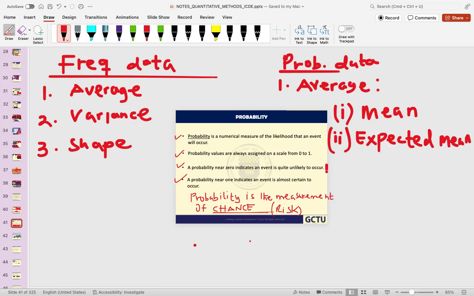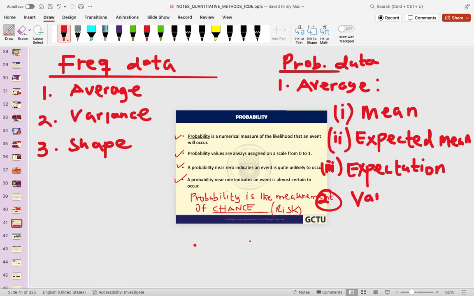And then the third terminology you are likely to find in books is called expectation. So these are the three words that are used to describe the center or the average of a probability data. So we do that. And then two, we'll find the variance.